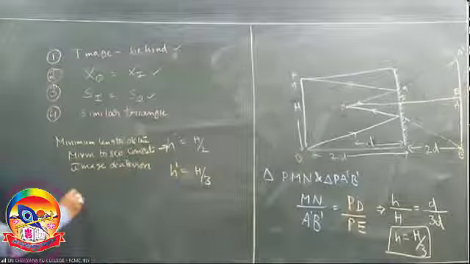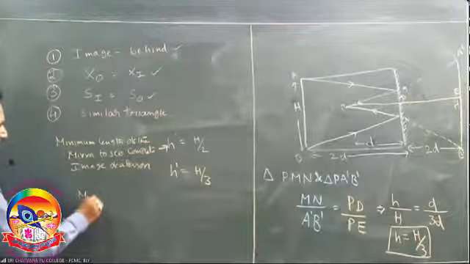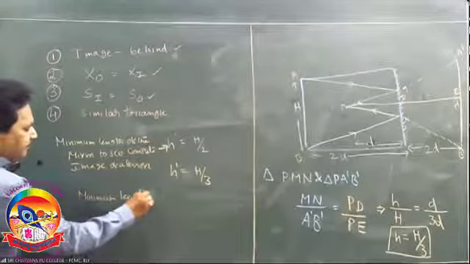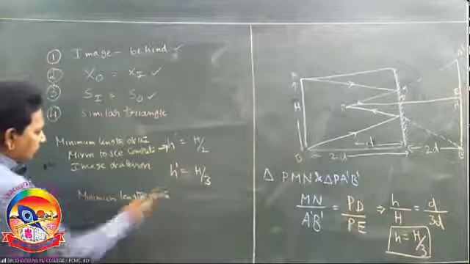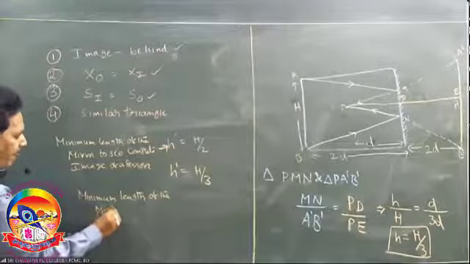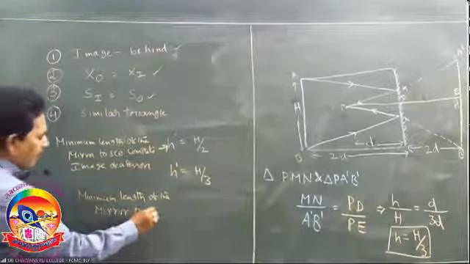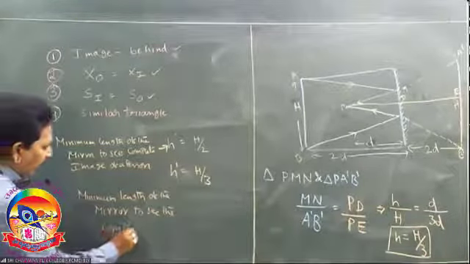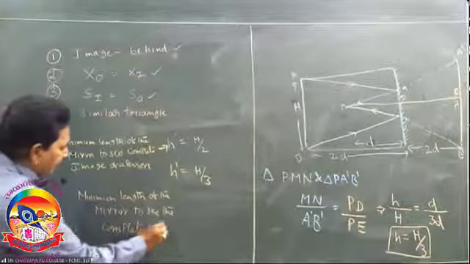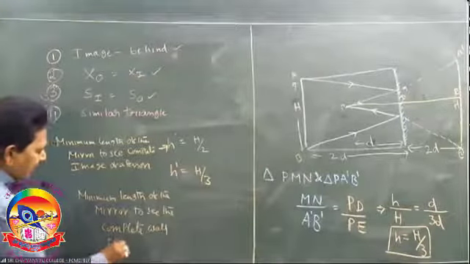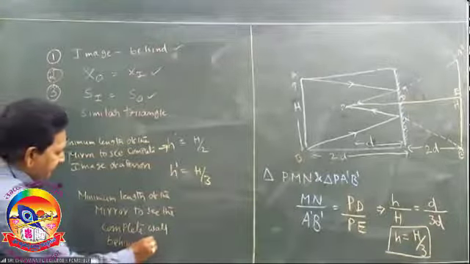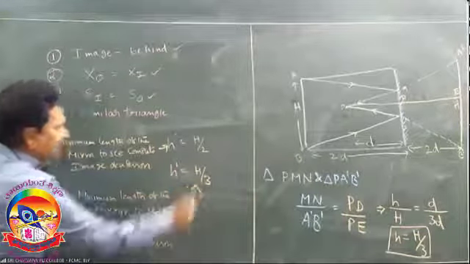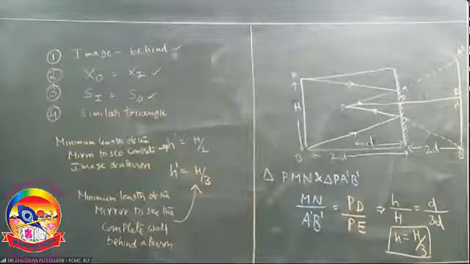Second result: the minimum length of the mirror to see the complete wall behind a person in a room is H by 3.